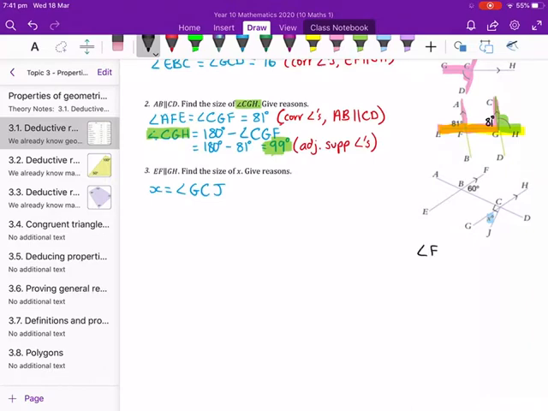So something that we do know is that angle FBC equals 60 degrees. And we can see that there. And we also have this 90 degrees here.